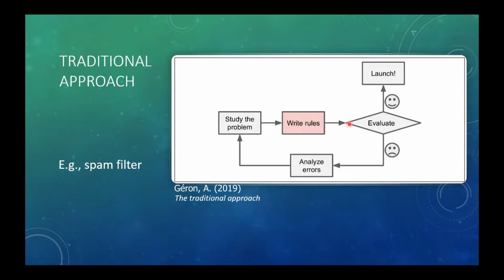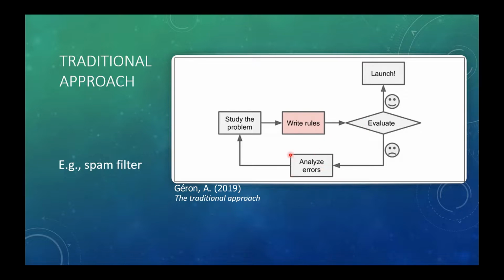After you write these rules, it comes to the time where you need to evaluate and measure, right? The element P. We need to measure how good or how bad it is. Now, if we are satisfied, and you would be so lucky to do it the first time, then you just need to launch your application. Your app is ready to go. Otherwise, if you are sad, what do you do? You need to go back and analyze the errors.